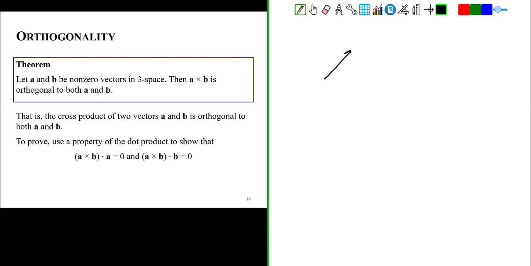Suppose we have two vectors, A and B. Vectors A and B lie in some plane that I'll signify by shading this in.